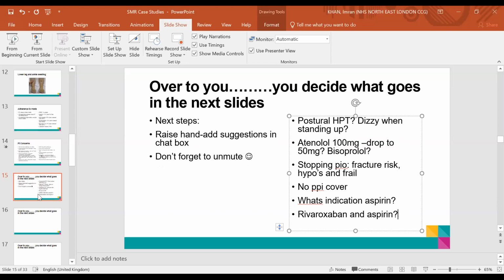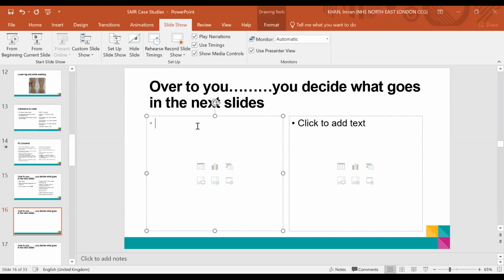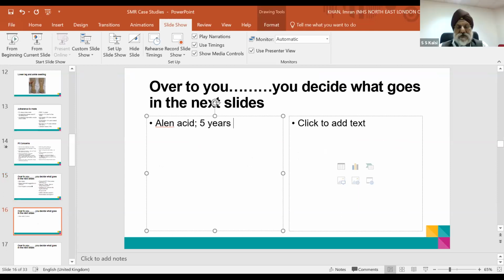Do we stop? Is the DEXA due? He's on a lot of medication. I mean, you've got 3 lots of diabetic medication, plus the insulin, and she's not checking her blood.